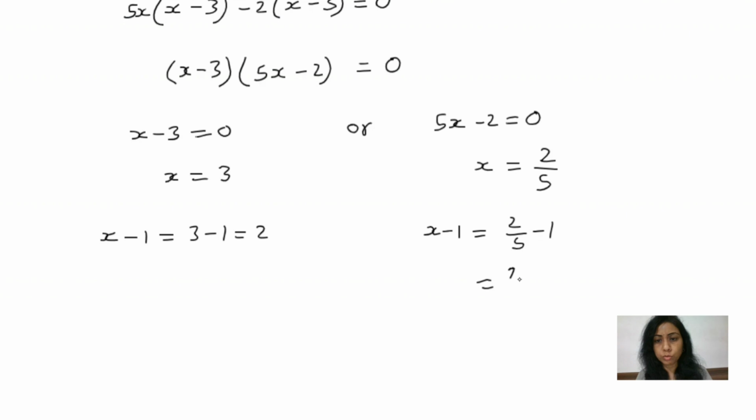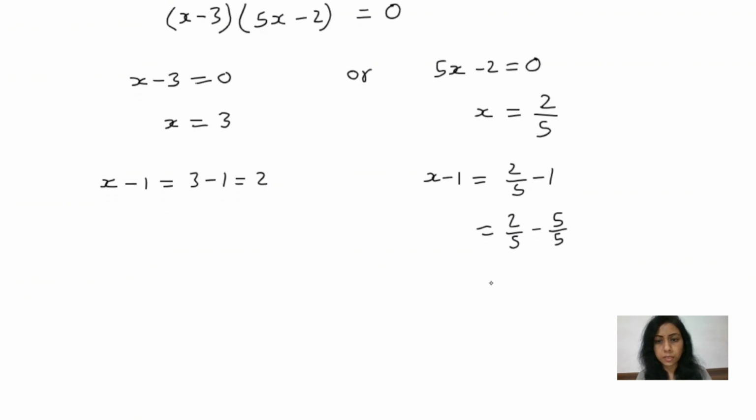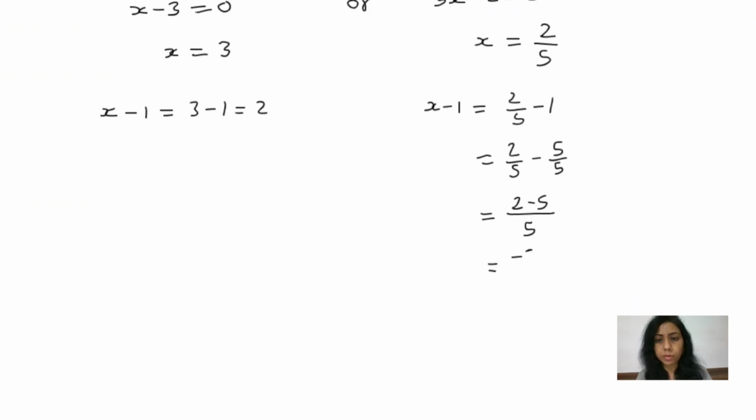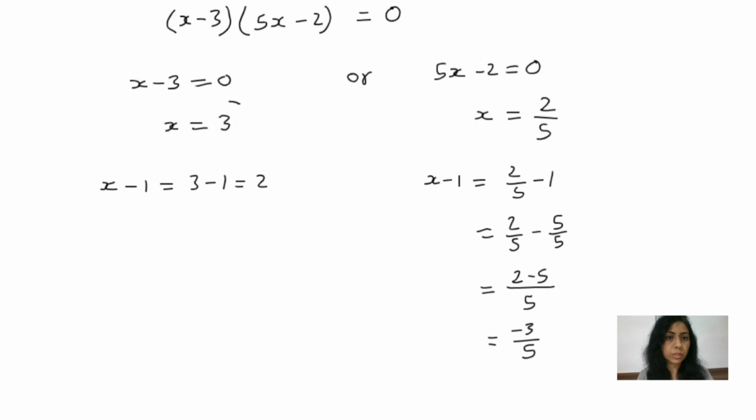So this is 2 upon 5, and 1 we can write as 5 upon 5. Now the same denominator, so we can easily subtract. So this is 2 minus 5 upon 5, which is minus 3 upon 5. But time isn't in negative form, right? So our answer is this one.